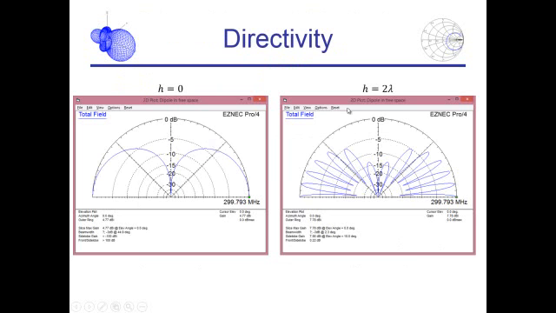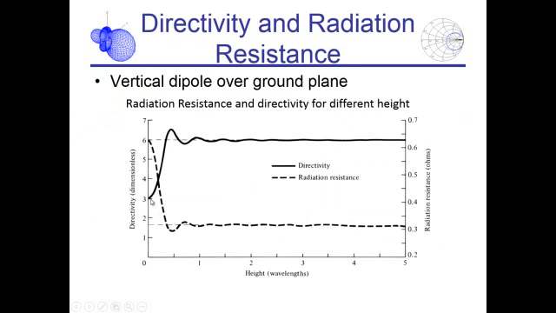For example, for a height equal to 0, the directivity is going to be about 4.77 dB, which is equal to 3 in dimensionless.